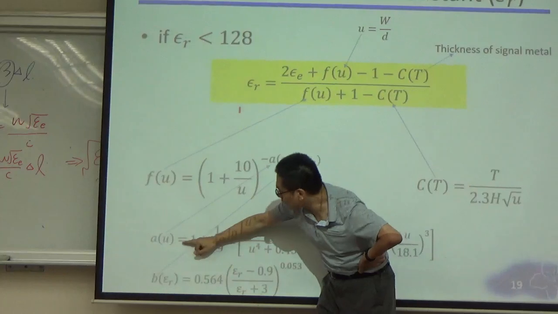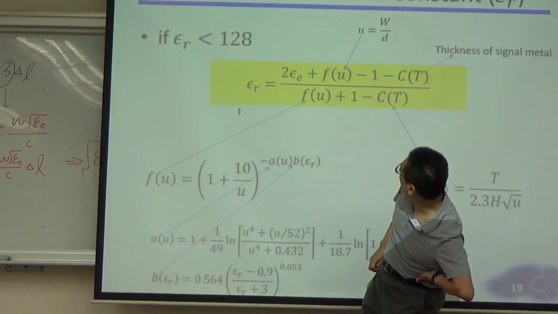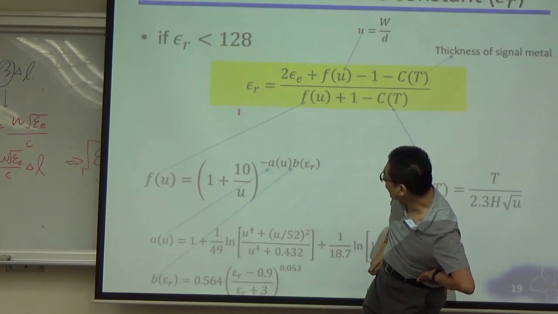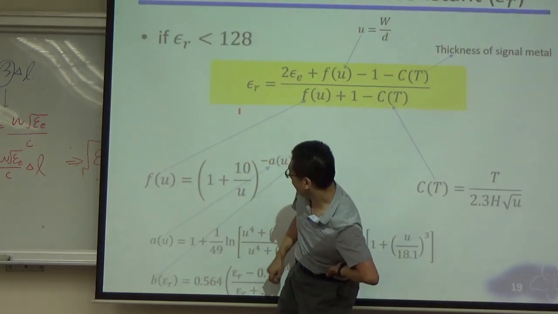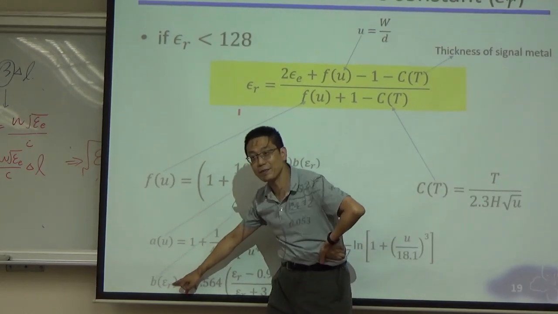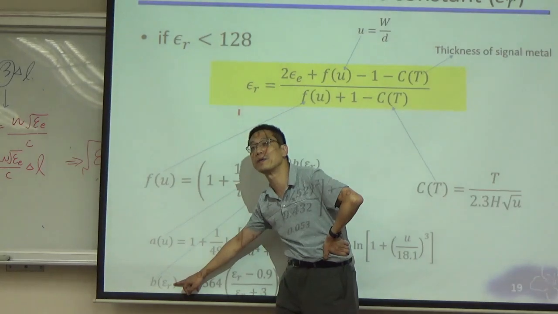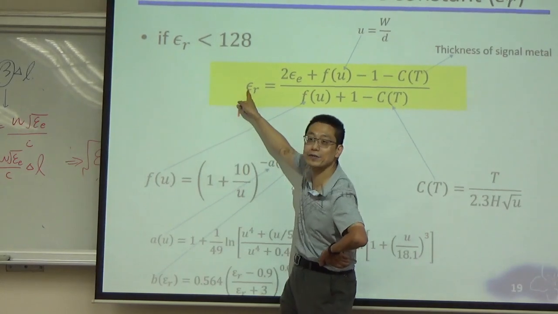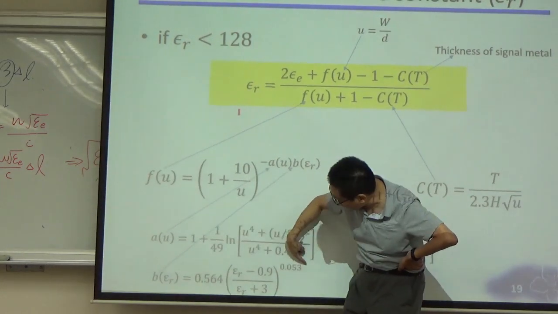And you put in a number for epsilon r. I think this is the initial number of epsilon r at the beginning, because you are trying to solve epsilon r, right? And then you also have the epsilon r equation.